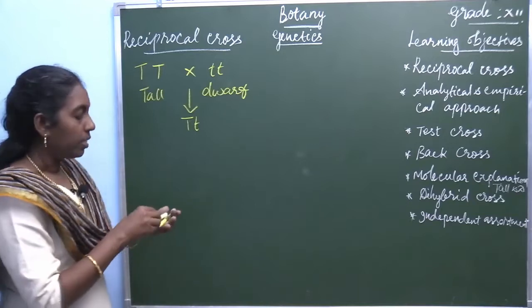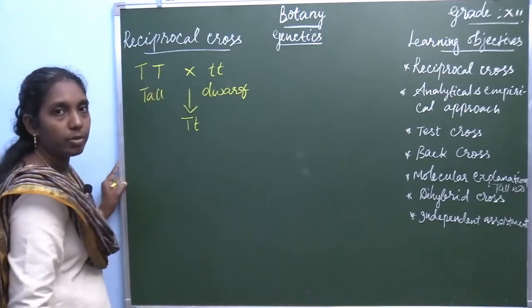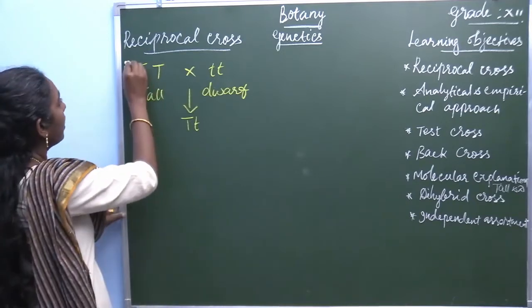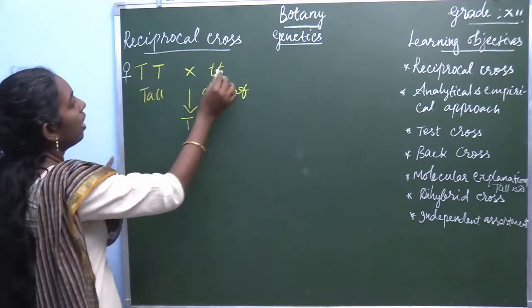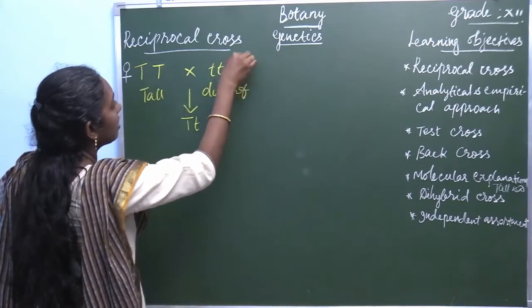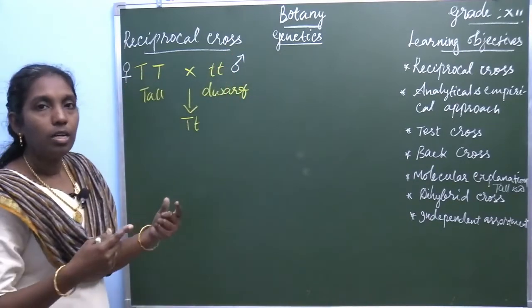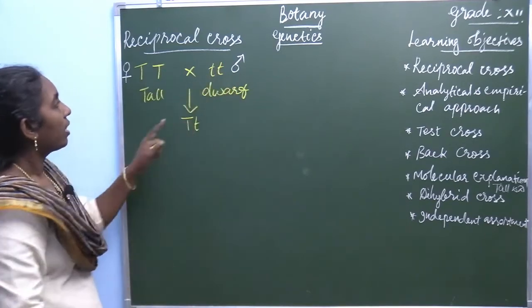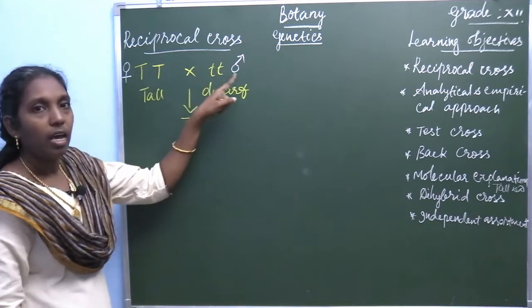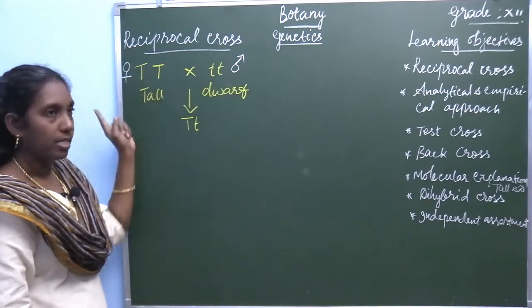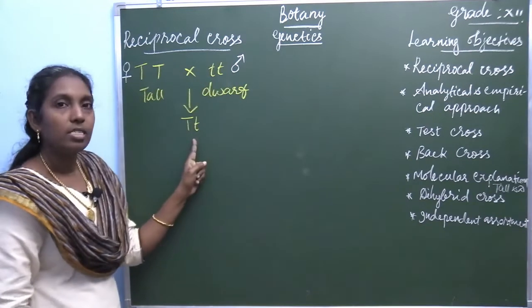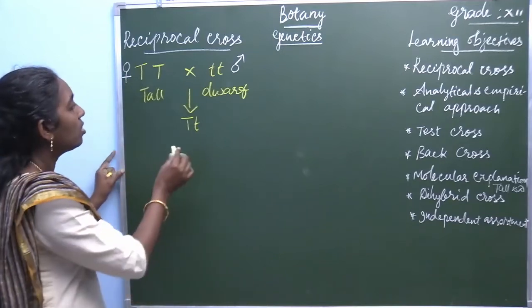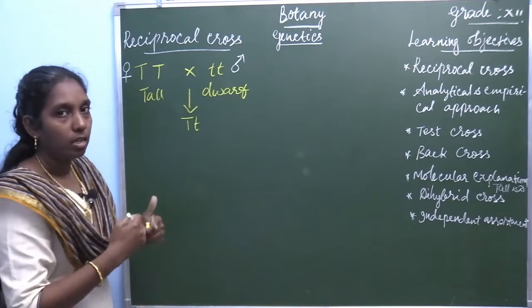In one experiment, the tall is taken as female and the dwarf is taken as male, or this is reversed. When the dwarf is taken as female and the tall is taken as male, the result is the same. So, this is called reciprocal cross.